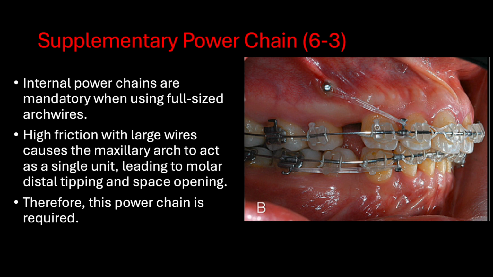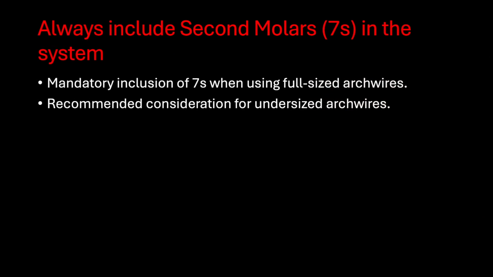That means it will create more space. To stop it, we need to supply the internal power chain. And always remember to bond the bracket on the second molar to avoid the step between tooth number 6 and number 7 because of the rotation of the total arch.